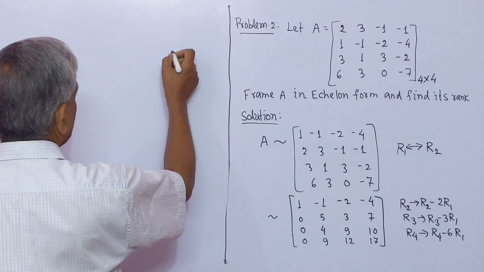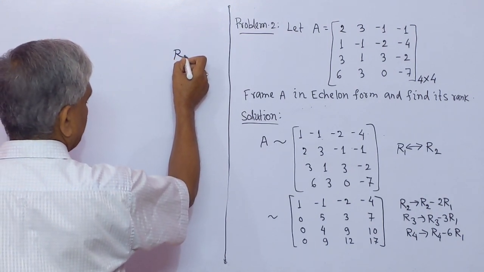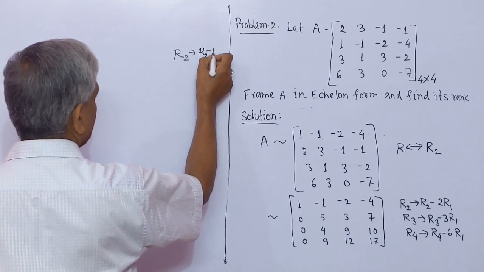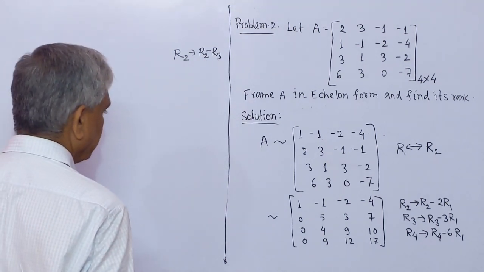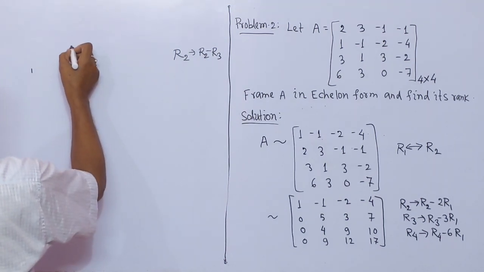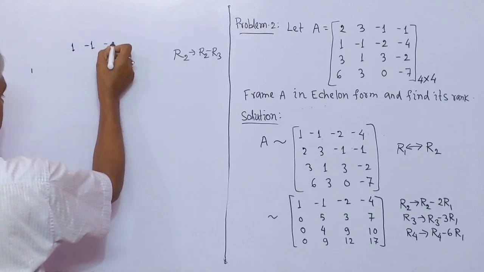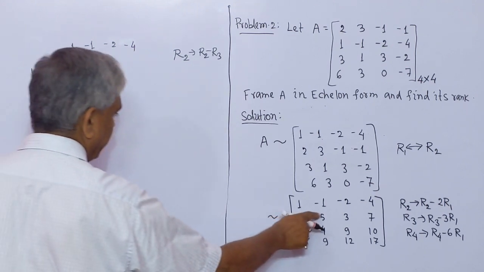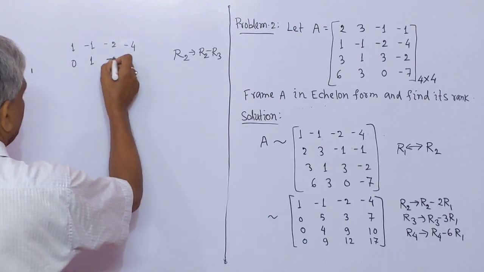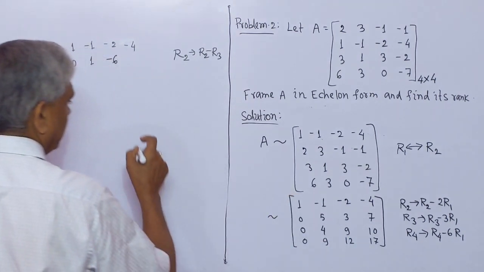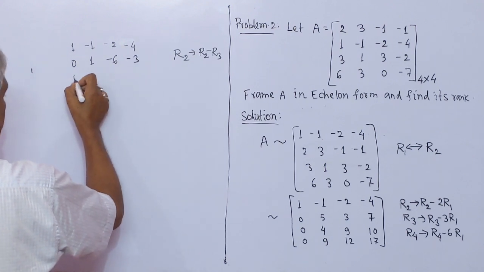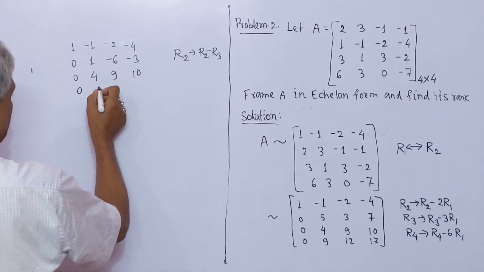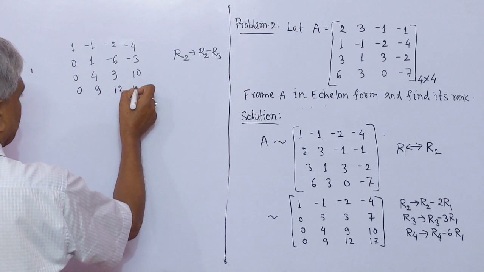So we use the elementary transformation in place of R2, R2 minus R3, and we get here 1 minus 1 minus 2 minus 4, 0 1, 5 minus 4, 1. 3 minus 9 is minus 6. 7 minus 10 minus 3. 0 4 9 10, 0 9 12 17.